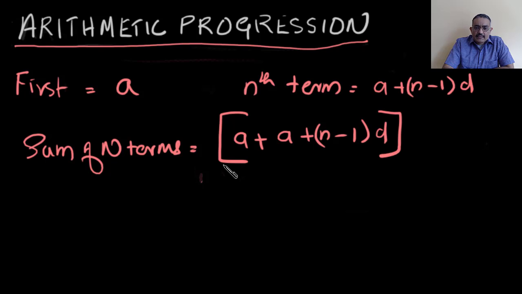Then we have n terms, so we need half of that, multiplied by n by 2.